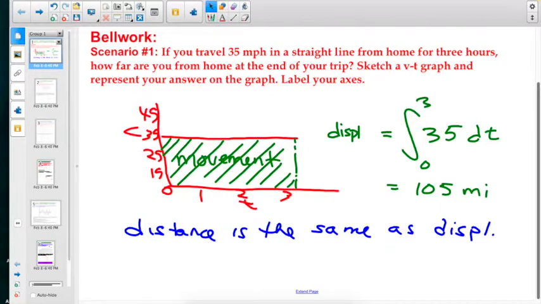Why is it the same in this situation? Exactly, Carly. Since it's all positive, it's all above the x-axis, so we're looking at that region being all positive. Okay, so displacement is a measurement from where you ended back to where you began. Distance is kind of looking at your odometer.